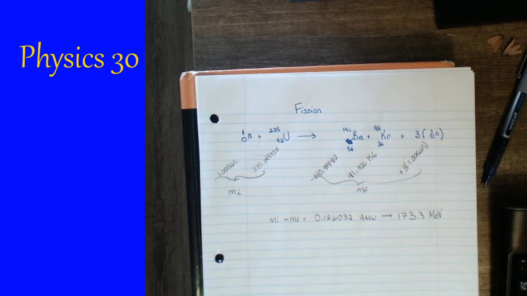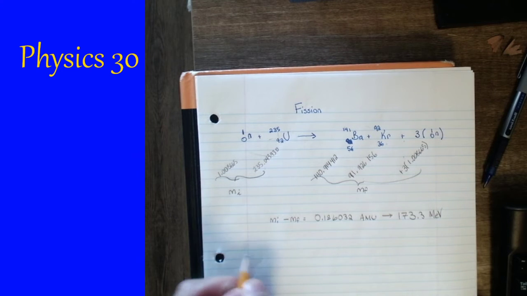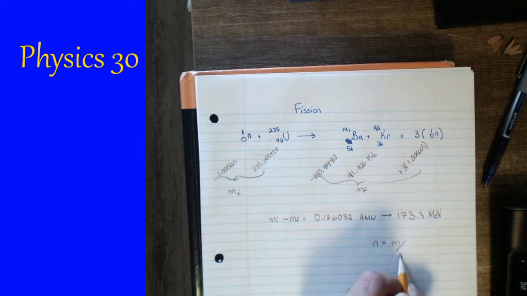So what we'll do is use a little bit of our chemistry to establish a few things. Let's take 1 kilogram of uranium-235. Remember from chemistry, the number of moles is equal to the mass divided by the molar mass.